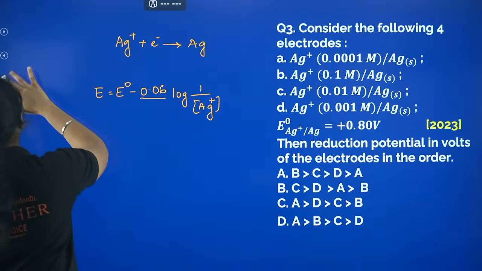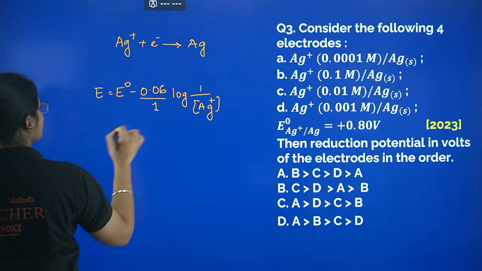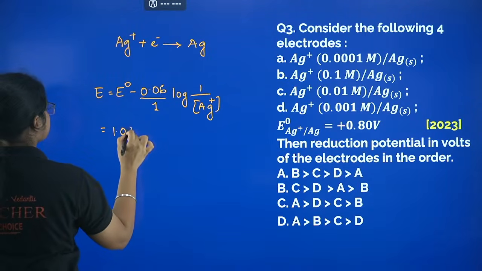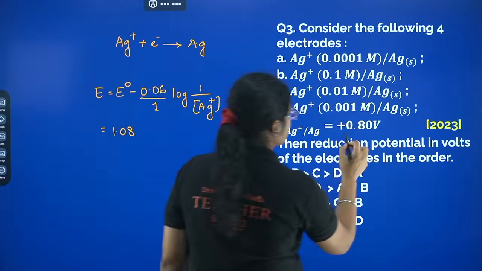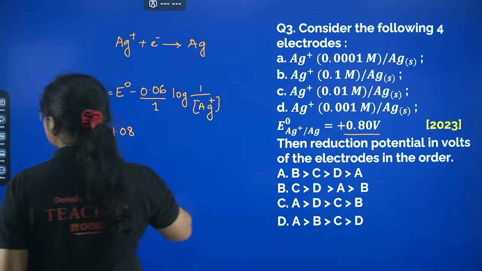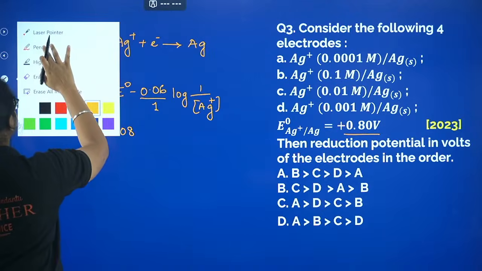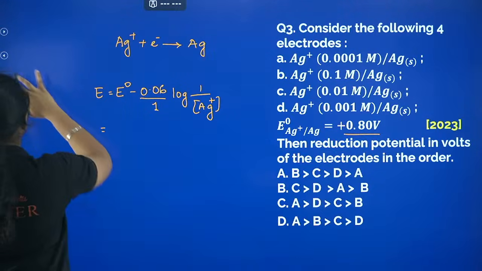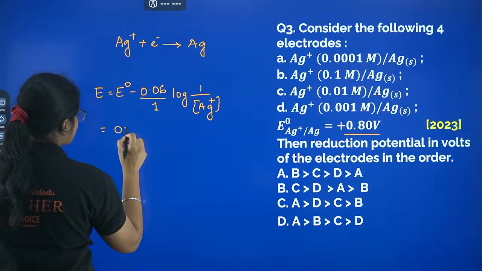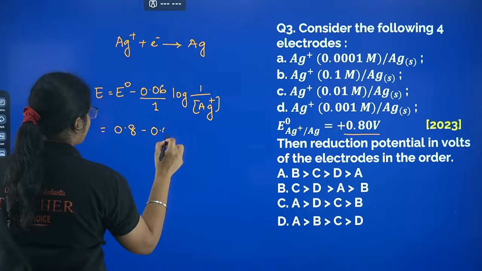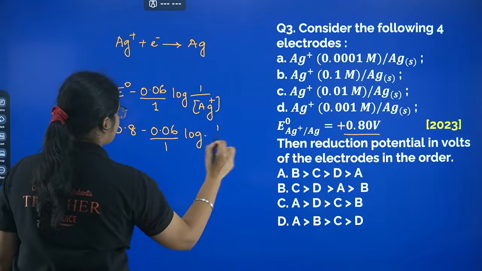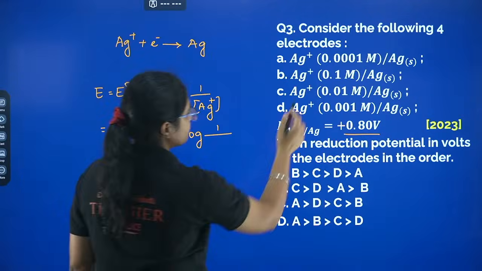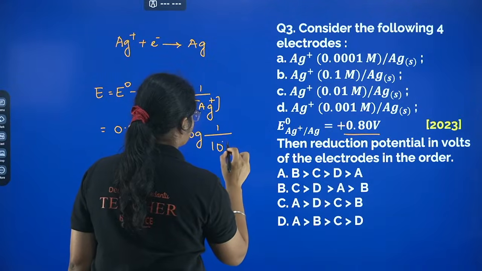E naught is 0.8, sorry, not 1.08, so I'll correct it. So 0.8 minus 0.06 by 1 log of 1 by Ag plus concentration, which for option number A is 10 to the power of minus 4.